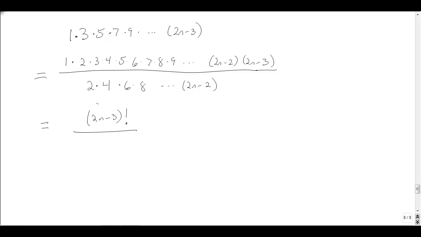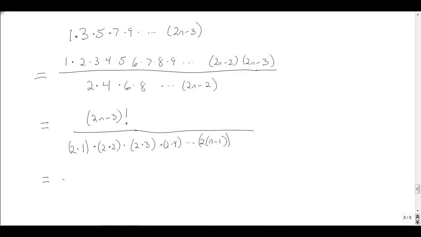Now, on the bottom, everything's even. So you can rewrite this as 2 times 1. That's our 2. Our 4 is 2 times 2. Our 6 is 2 times 3. Our 8 is 2 times 4. And our 2n minus 2 is 2 times the quantity n minus 1.